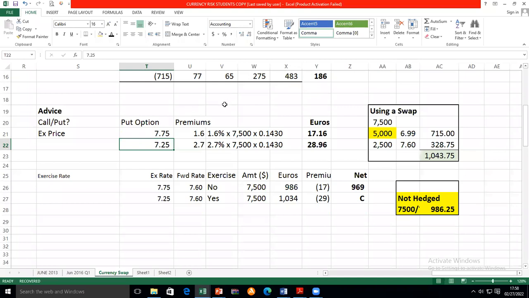Take your calculators. Let's calculate the premium. 1.6%, 2.7%. 1.6 multiplied by 7.5. 2.7 multiplied by that.